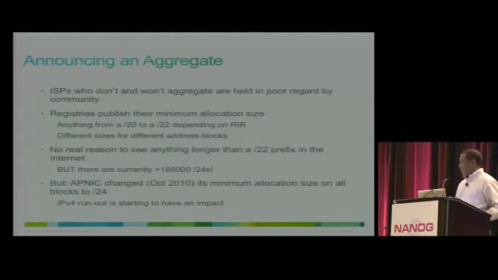There are tools and websites that track the prefixes, and service providers who are not complying are normally regarded poorly by the community. You can see the reports for yourself. Registries publish their minimum allocation size, and it ranges from /22 to /24 in some cases, because we are running out of IPv4 address space.